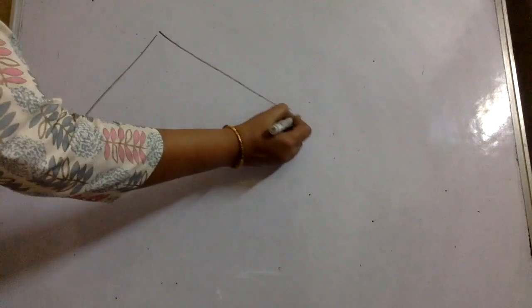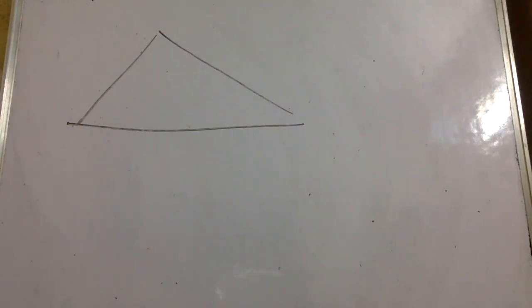Okay, so let us see a few sums where we use sine, cos and tan. Here we have a right angle triangle. Now the whole thing isn't a single right angle triangle. There are two triangles here, practically.